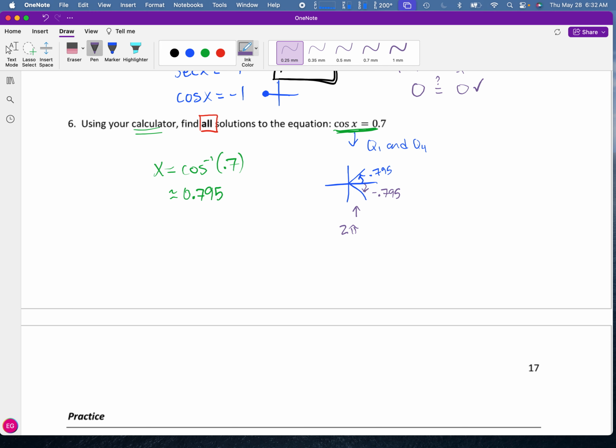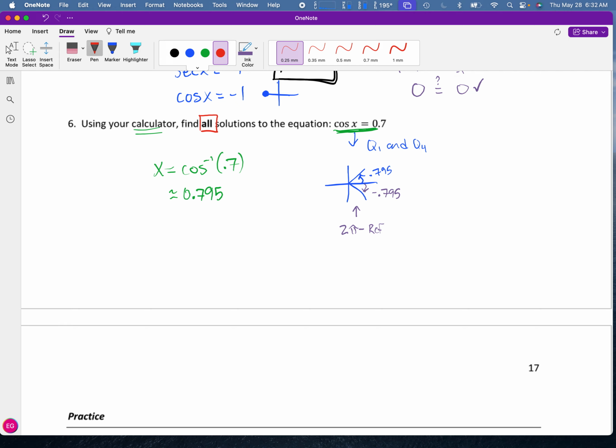It would be 2 pi minus that reference angle when we're in quadrant 4. So we would have to do 2 pi minus 0.795 in the calculator. We're going to get some decimal. I have no idea what it is because I didn't actually do that. So these are going to be our two answers between 0 and 2 pi.